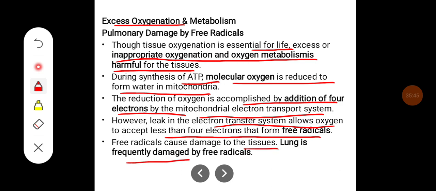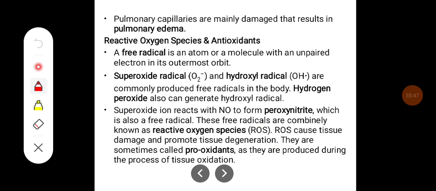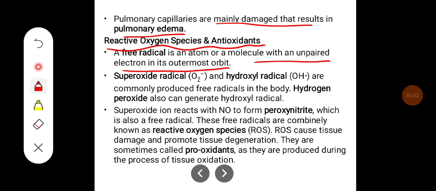The lung is frequently damaged by these free radicals. Pulmonary capillaries are mainly damaged, which results in pulmonary edema. So, reactive oxygen species and antioxidants. A free radical is an atom or a molecule with an unpaired electron in its outermost orbit.